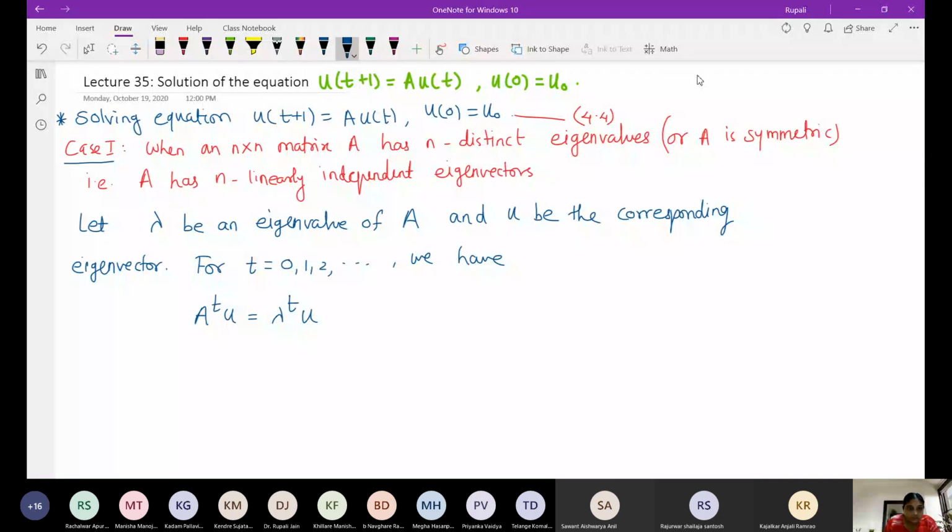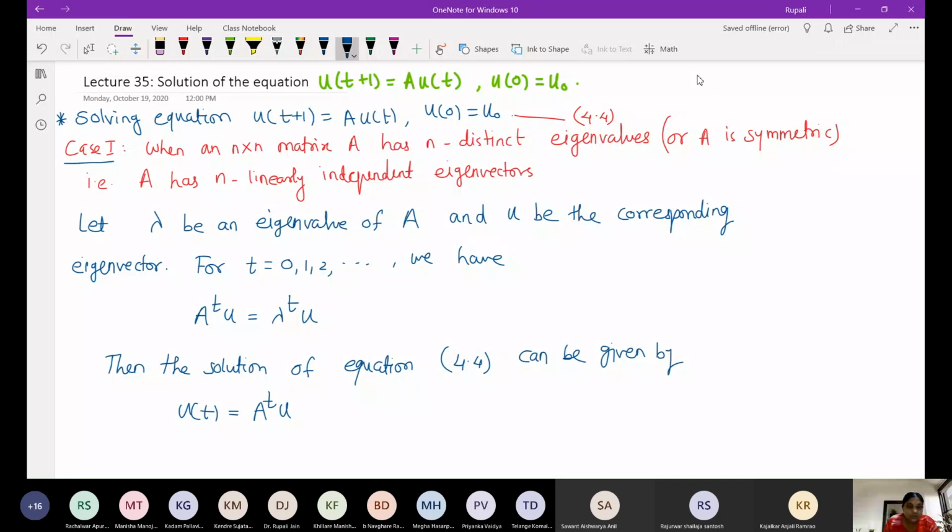Then the solution of equation 4.4 can be given by u at t is equal to A raised to t u. A raised to t u is nothing but lambda raised to t u.